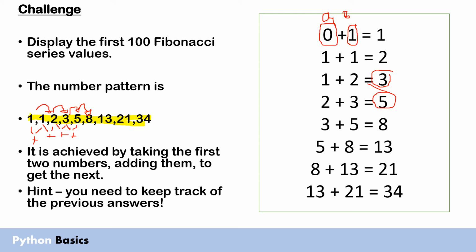Well, if you notice, the answer here gets placed into B, and the value of B gets placed into A. So let's actually see that. So that goes there, and that goes into that one. Let's see that one again.